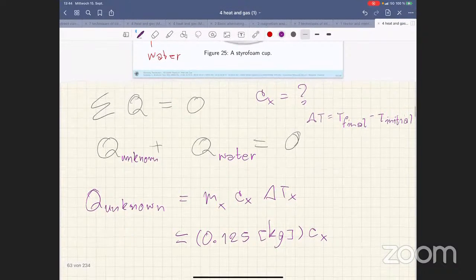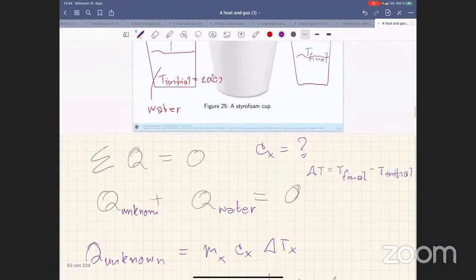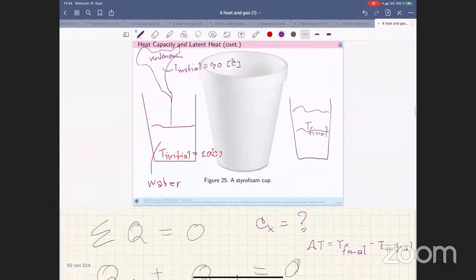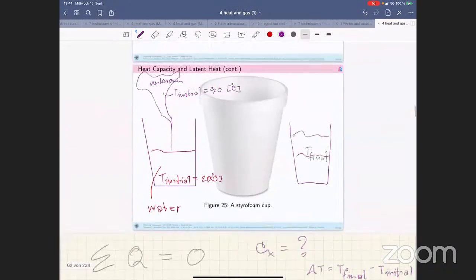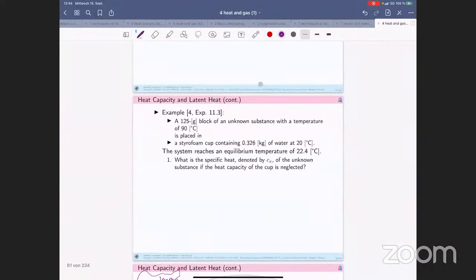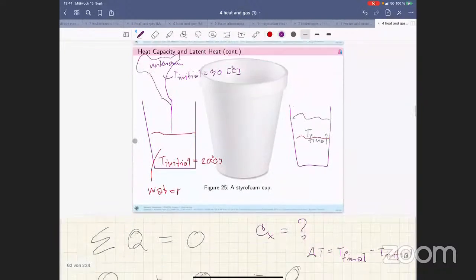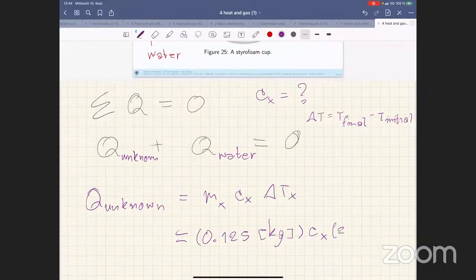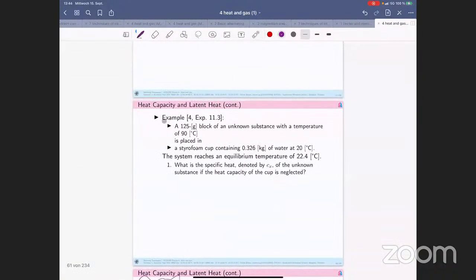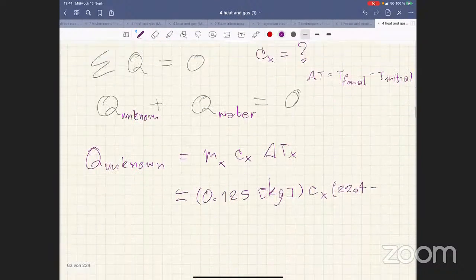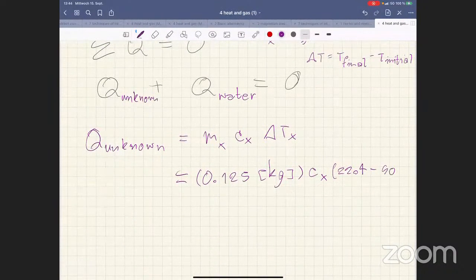The final temperature is 22.4, the equilibrium temperature, minus the initial temperature of that unknown substance, which starts from 90 degrees Celsius. So let's say it's 90, and yeah, leave it first like that.